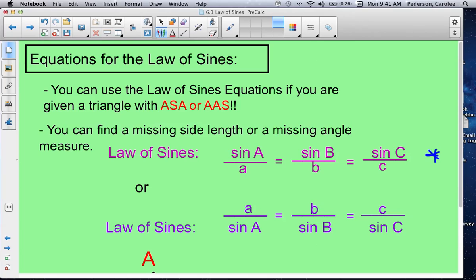You use the law of sines when you're given an angle-side-angle triangle or an angle-angle-side triangle. The things I've highlighted here are what I want you to write down.